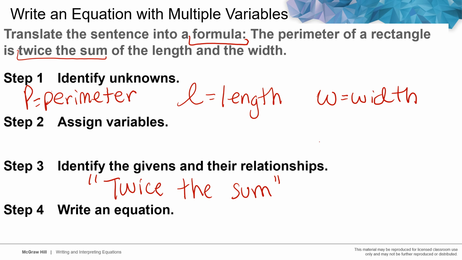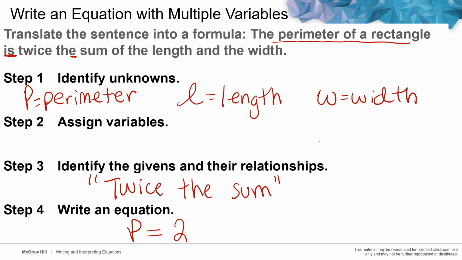Okay, so it says the perimeter, so we're going to write our equation. So it says the perimeter of a rectangle is, so I know I need to start with the perimeter, which we said was P. What does is mean? Equals. Twice. Twice means 2 times something, so we're going to need a 2.